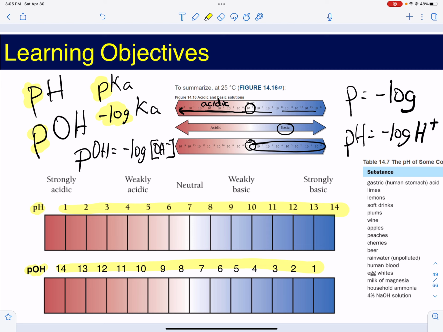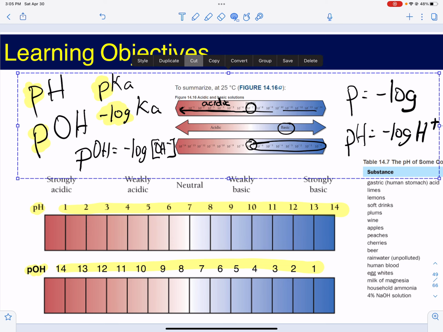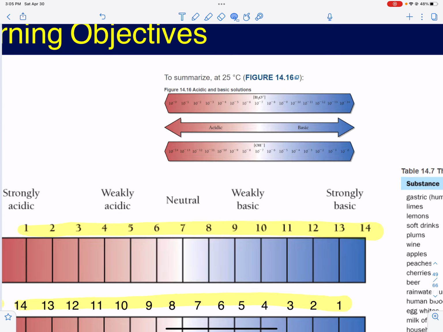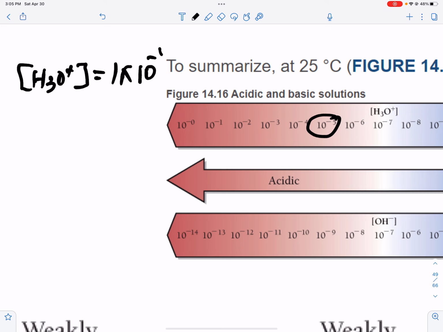So that allows us to take these numbers that we were talking about, for example, 10 to the minus 5, and we can say hydronium concentration equals 1 times 10 to the minus 5. So the pH is going to be the minus log of 1 times 10 to the minus 5 concentration.